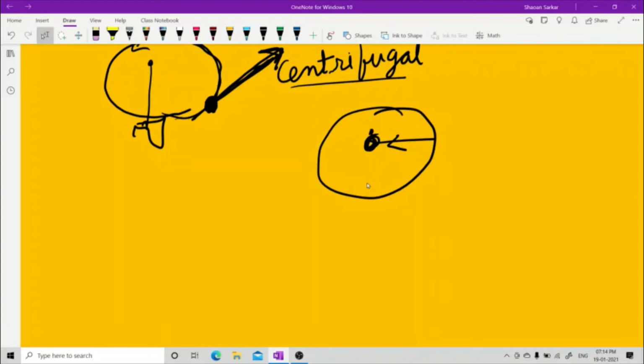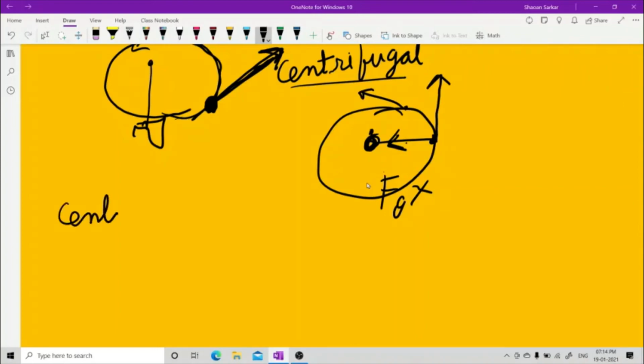Due to the gravitational attraction there is centripetal force. The moment the gravitational force stops working, the Earth will fly off in this direction, or if it stops working here, it will fly off in this direction. This is due to centrifugal force.